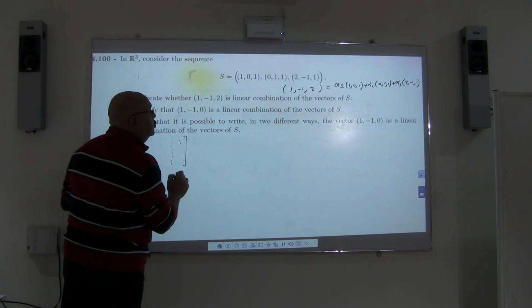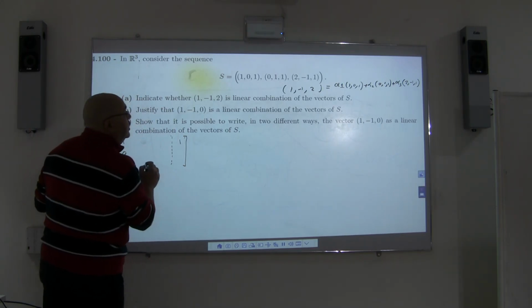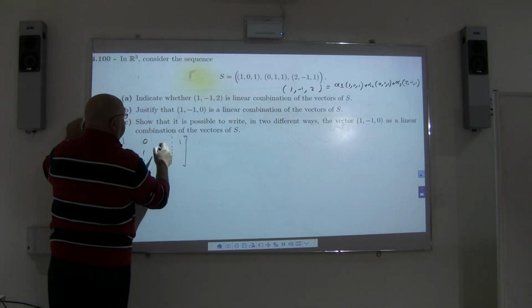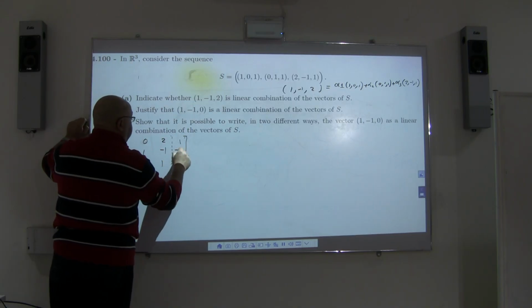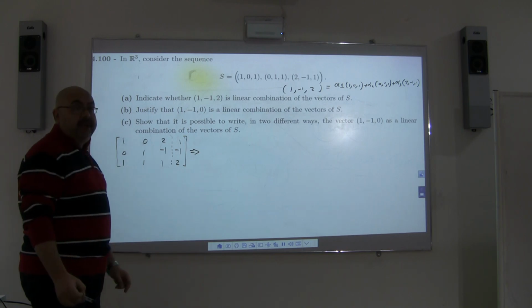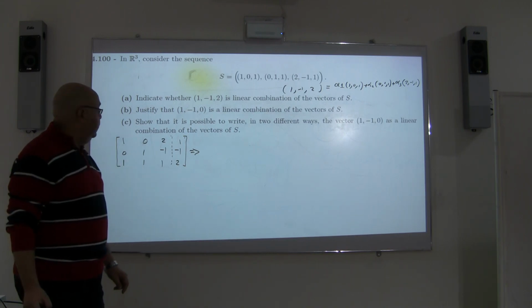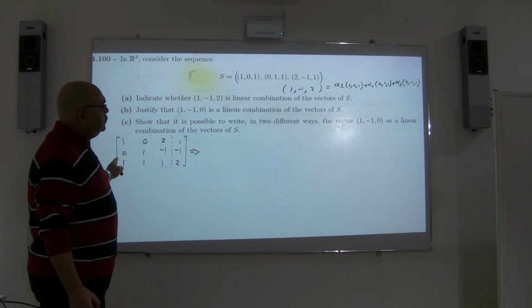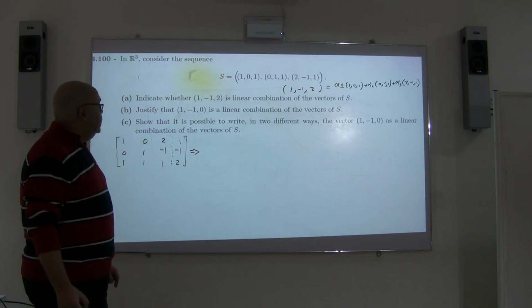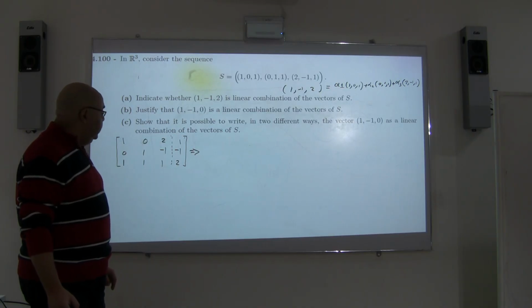And for alpha 2, it's going to be 0, 1, 1. And for the third one, it's 2, -1, 1. And the results will be 1, -1, and 2. Then I will try to solve in order to get the values of alpha 1, alpha 2, alpha 3. This is alpha 1, which is, as I told you, 1, 0, 1. For alpha 2, it is 0, 1, 1. For alpha 3, 2, -1, and 1.